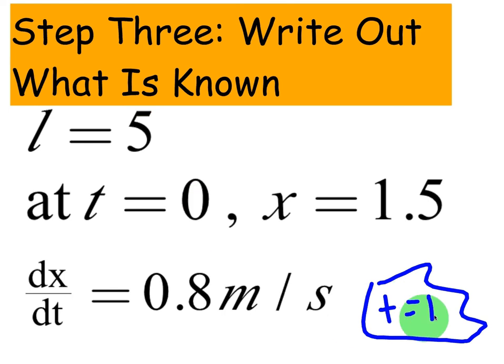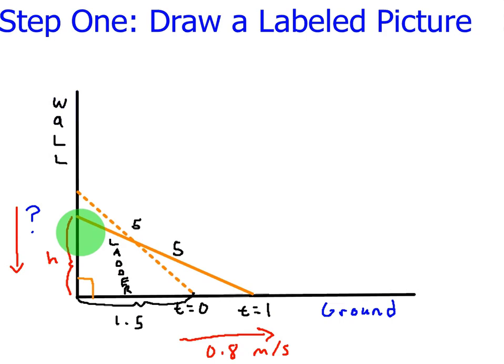Remember, we're worried about t equals 1. But fortunately, we have a triangle, and we have some information about where it initially was. Because we know its speed, we can figure out how far away it is at t equals 1. And since it's a right triangle, we can then figure out h. So we can figure out x and h in our future steps and solve for dh/dt, how fast it's dropping.